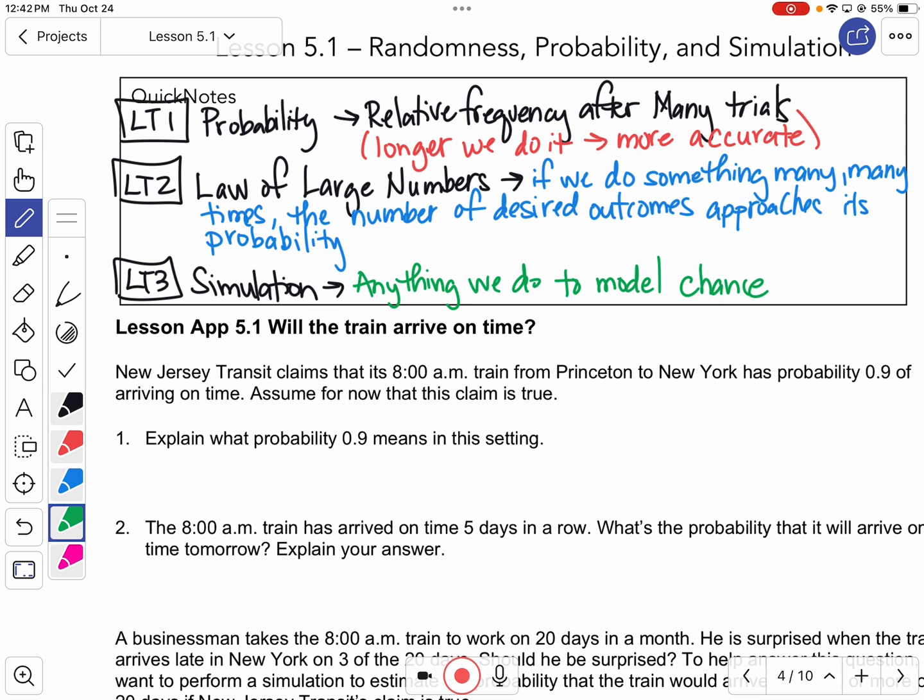That's the simulation. Okay, we're not going to do the examples on the back of that page.